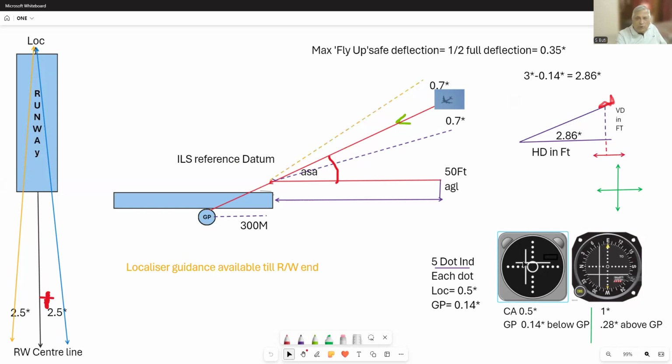If these two needles make a cross at the center, that means you are descending in the direction of the runway center line, as also you are on a proper glide path angle, also called approach slope angle.